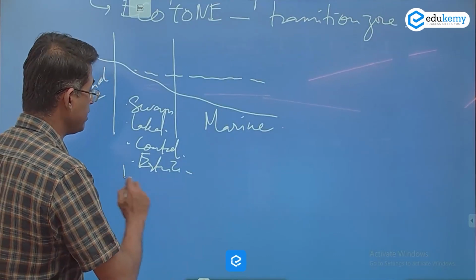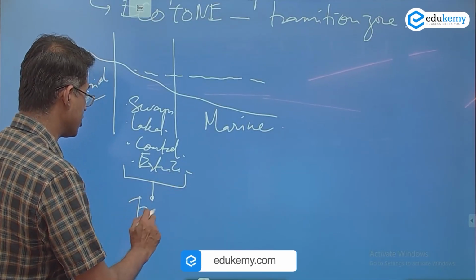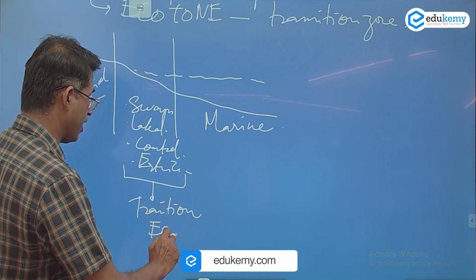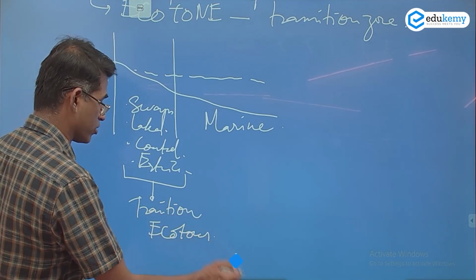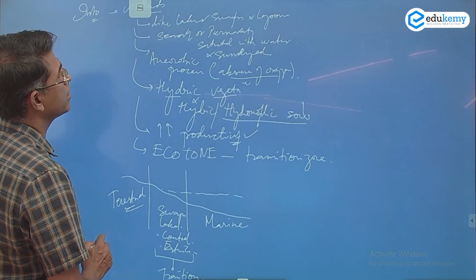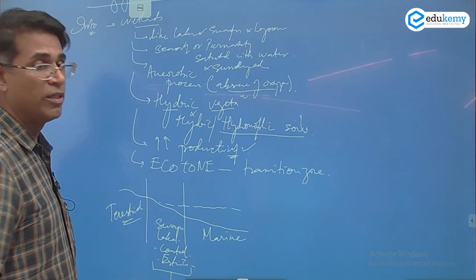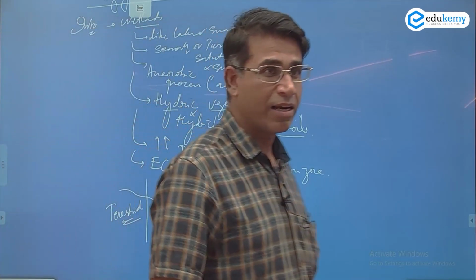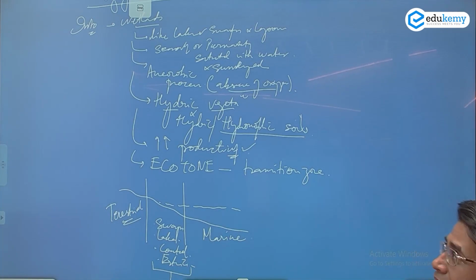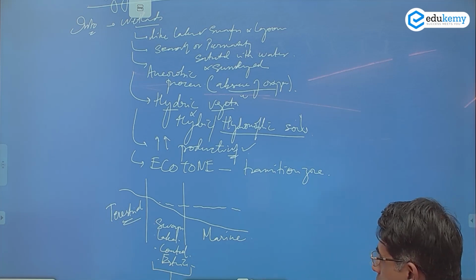These are the transition zones, and therefore they are ecotones. So this is good enough to explain what wetlands are.